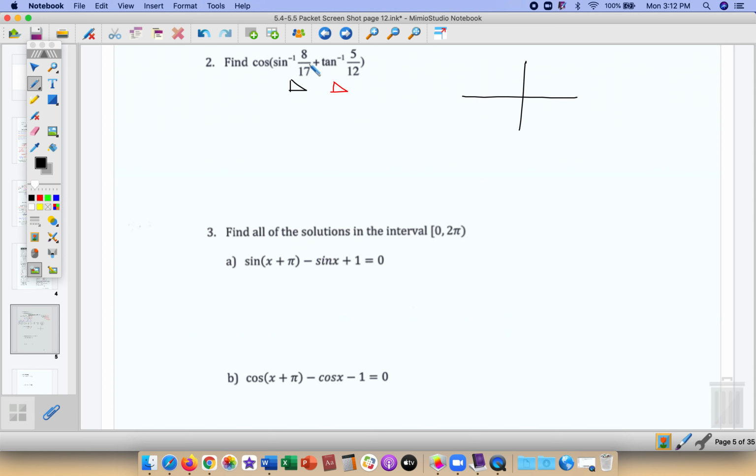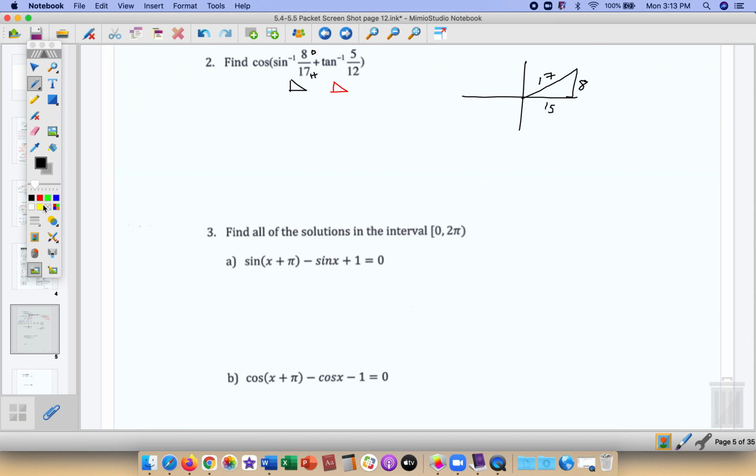So we know that 8/17, sine is opposite over hypotenuse. So opposite over hypotenuse, we know we're up here in the first quadrant. We're either in the first or fourth for inverse sine. And opposite is 8, hypotenuse is 17. If we do Pythagorean theorem, we get 15. They're all positive, right? Up, hypotenuse are positive.